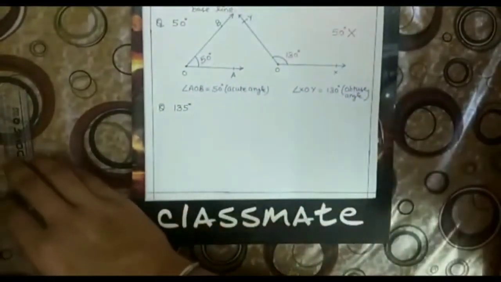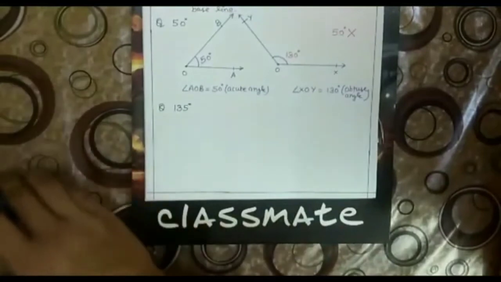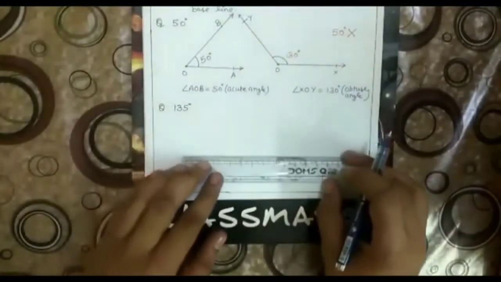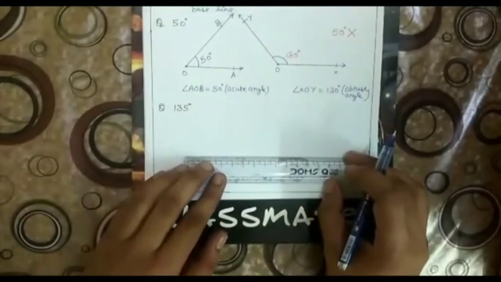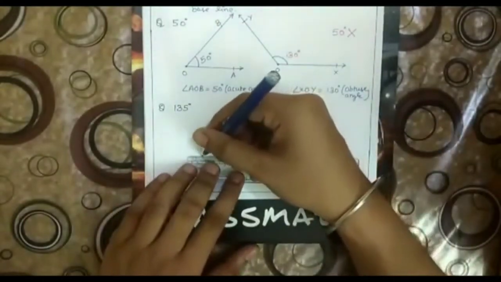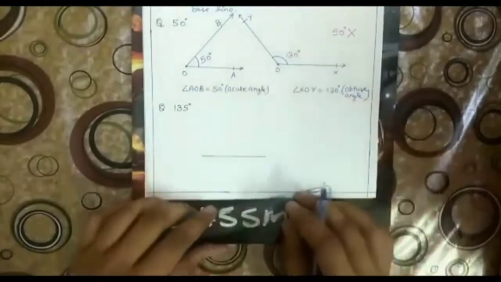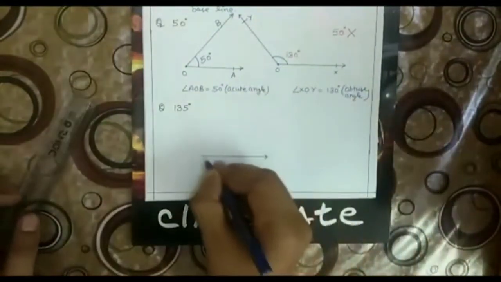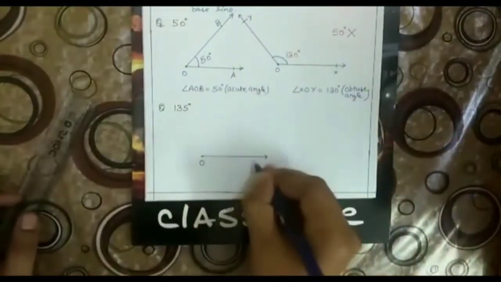So first of all, draw the baseline. And this is your baseline, of any length you can draw. Basically this is the ray OA.